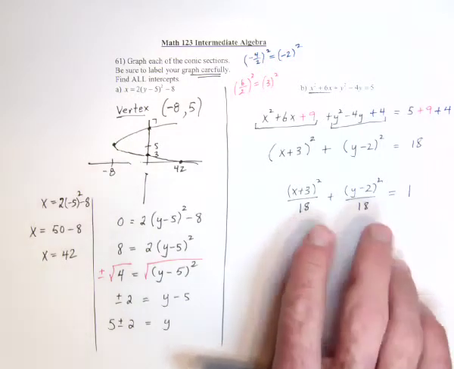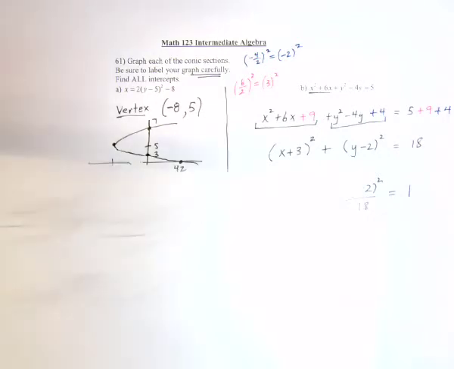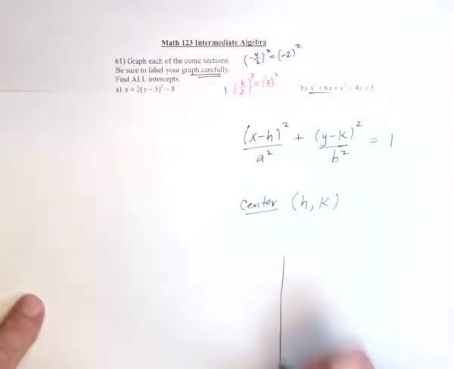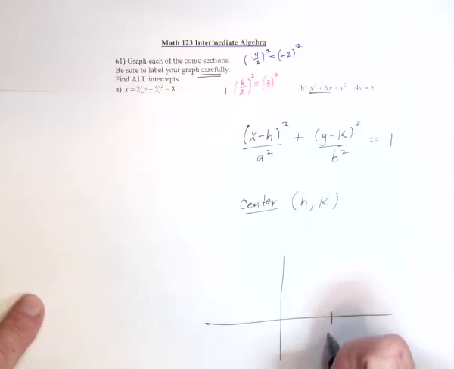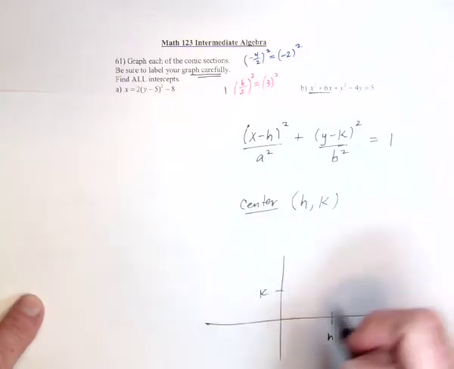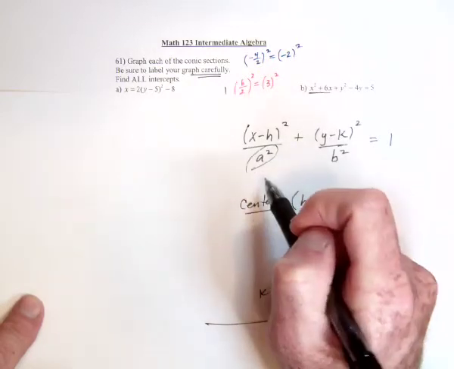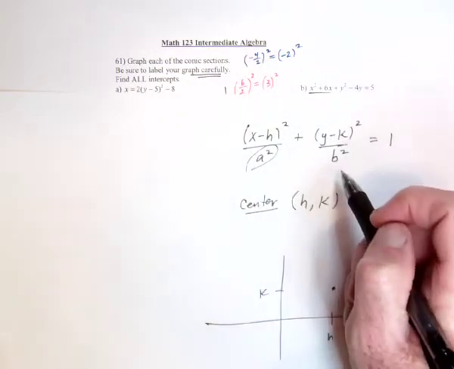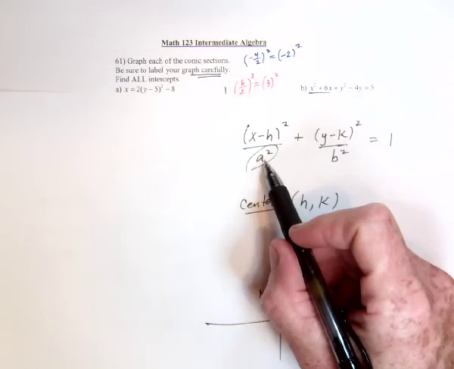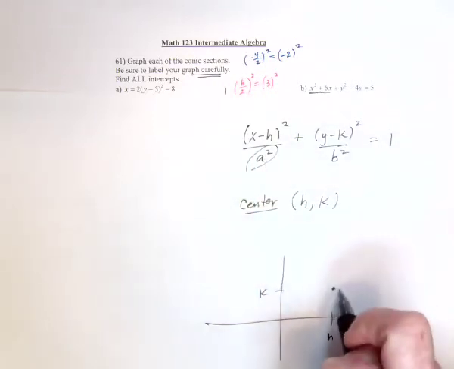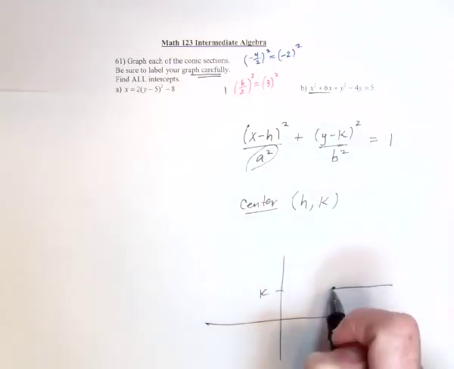So with an ellipse, you would go to h, k, that would be the center, and then let's say that this number a is bigger than this number b. You would take the square root of this, get the a, and then move over by a in each direction.